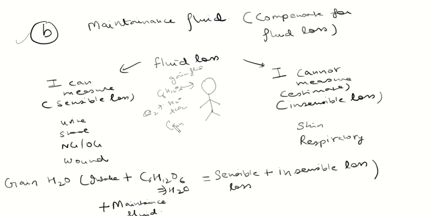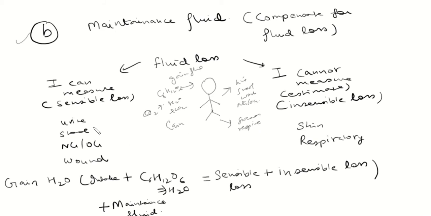And then I lose my water through two parts. One I can measure: urine, stool. If I have wounds, or a nasogastric or orogastric tube, I can measure that. And there's stuff I cannot measure, for example my sweat, or when I respire or breathe, some of the water gets lost there.